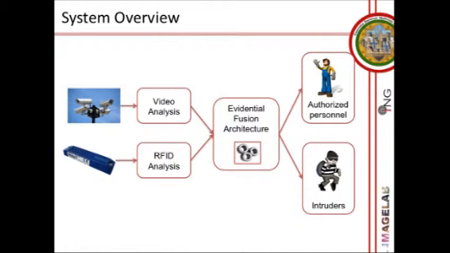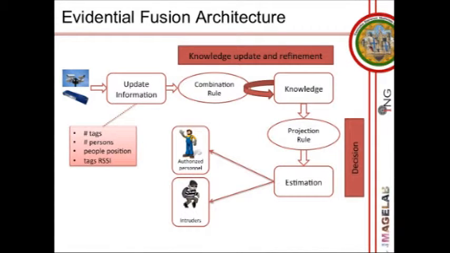These data are fused in the evidential fusion architecture that is able to say if a person is an intruder or is authorized to be in the area. The information coming from the sensors is used to update the knowledge of the system through combination rules. And when it's time to take a decision, the pignistic rule is able to say if the person is authorized or not.